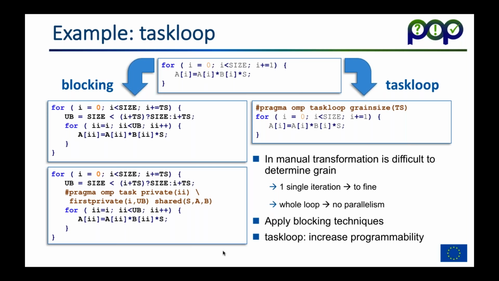There's already a flag so that the GNU compiler can be made to work together with the LLVM OpenMP runtime. This runtime is available on x86, on OpenPower, and on ARM. So performance should be good on all the architectures.